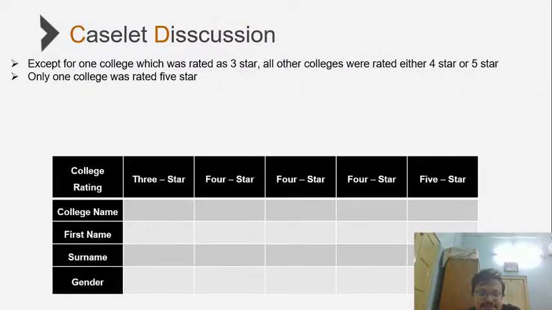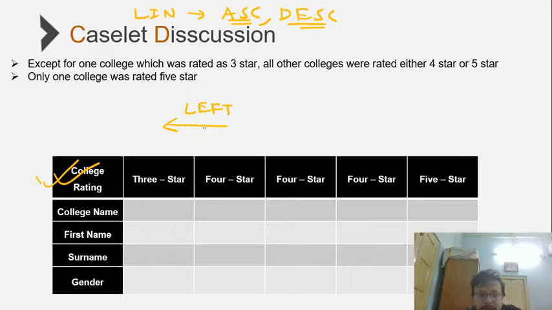In this case, always remember your column header should be one such parameter which is always arrangeable in a linear sequence. That is, it can be arranged in an ascending or descending order fashion. The reason we do that is anything to the left would mean lower rating, anything to the right would mean higher rating.